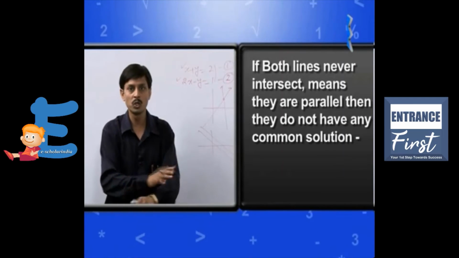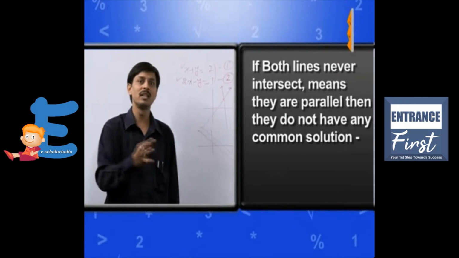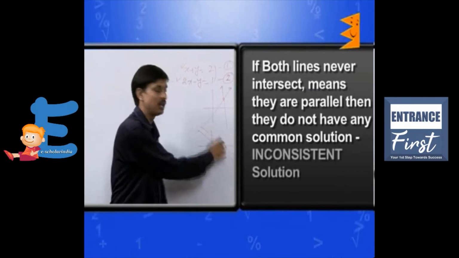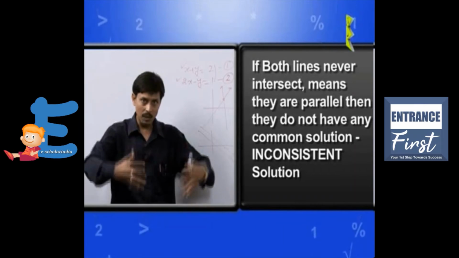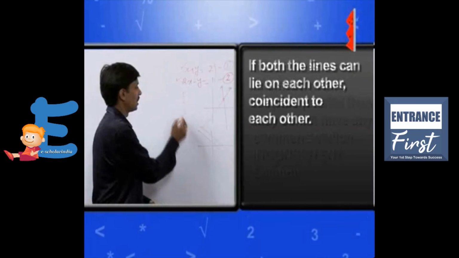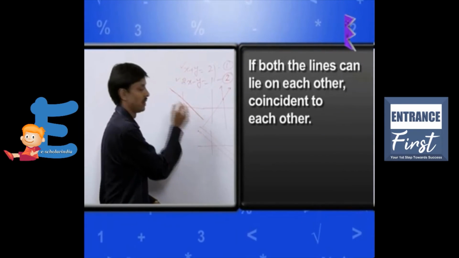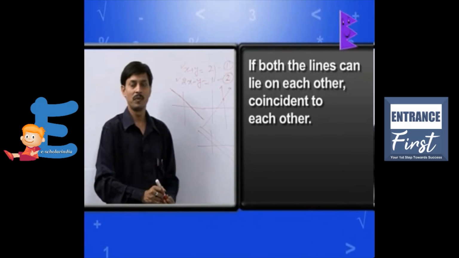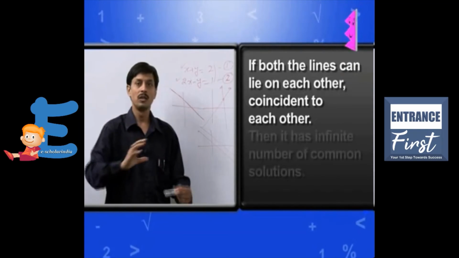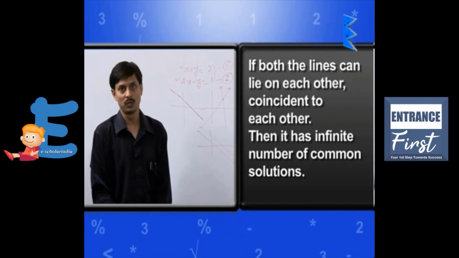So there is no solution for parallel lines, and we call this by a special name, inconsistent. Suppose the third situation comes: two lines are coinciding, overlapping each other. In this situation, both lines have infinitely many common solutions.